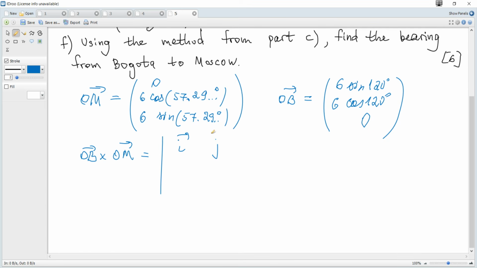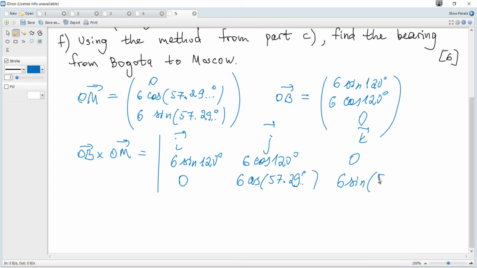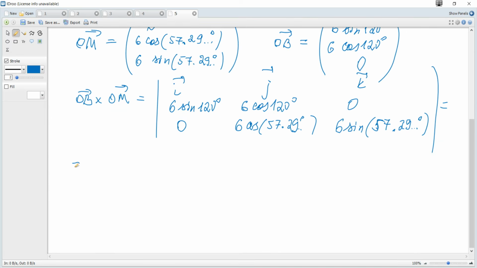So it's i, j, k; OB: 6 sine 120, 6 cosine 120, 0; OM: 0, 6 cosine 57, 6 sine 57. And it is equal to i times this product minus this product, a determinant of this 2 by 2 matrix.